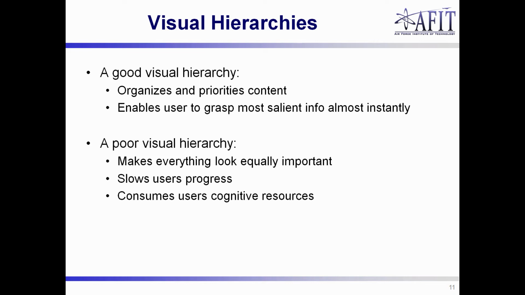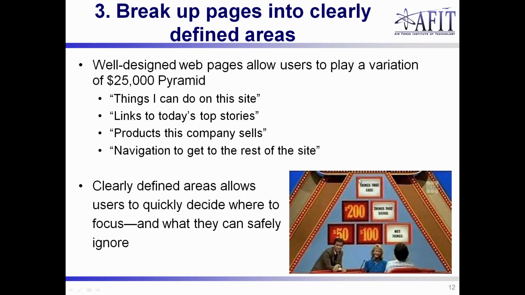All right, so the third principle for effective web design is breaking up pages into clearly defined areas. Right? A well-designed web page allows users to play a variation of that old TV show game, $25,000 Pyramid. Right? So they should be looking around the site and they should say, this area over here, this is things I can do on the site. And these are links to today's top stories.